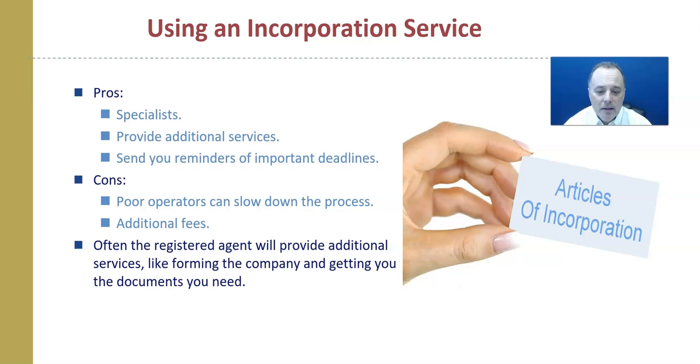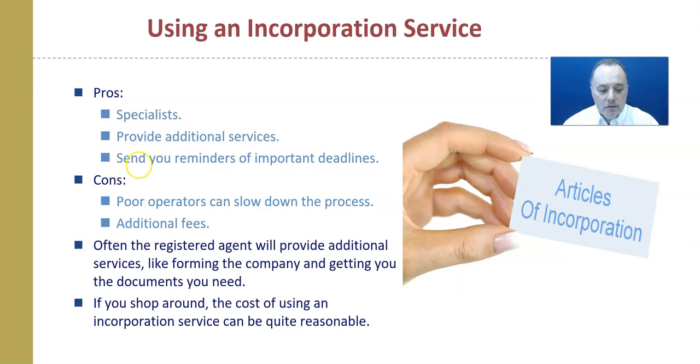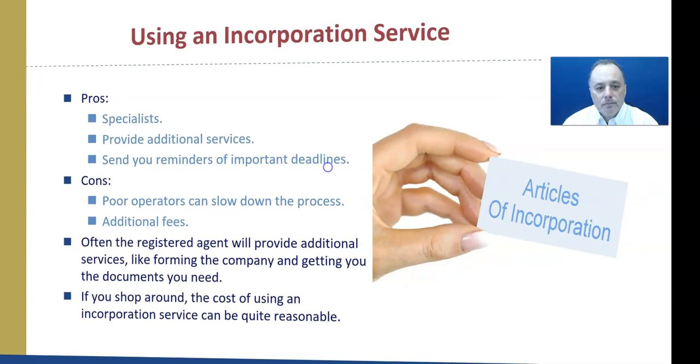So it's a good deal, if you get the right ones. So you might look into that, shop around, and you can find that the costs are quite reasonable, because you've got to pay the registered agent fees anyway. If they're going to provide additional services, like reminding you of important deadlines and things like that, then that can be very helpful.